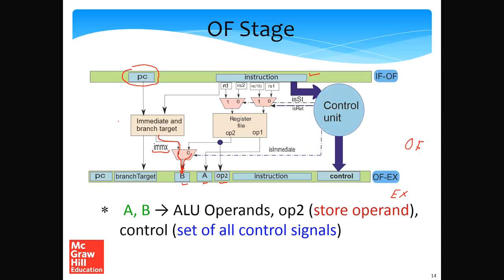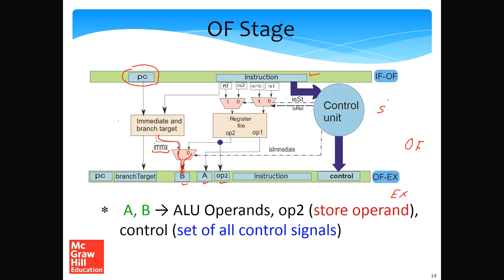The reason we save OP2 is that we will require it, because this is the store operand. And so there's a special case being made for store. So let's see why the special case is being made. In the case of a store, let's take a look at a store instruction once again.